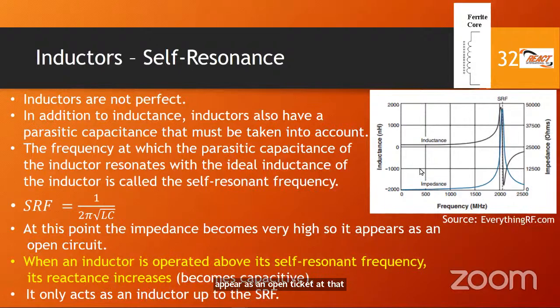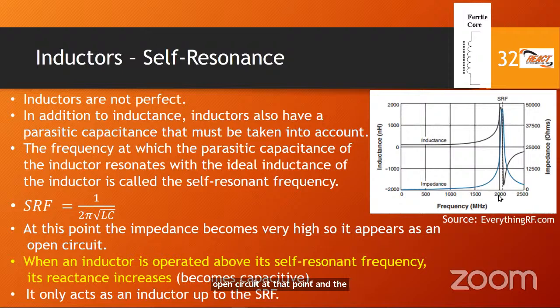The graph shows the inductor operating pretty flat at 500 megahertz, 1000 megahertz, 1.5 gigahertz. But notice that at about 2 gigahertz or so, all of a sudden the inductance goes up, and the impedance is going up as well. That is due to the parasitic capacitance. We essentially have an open circuit at that point, and the inductor will not perform at that frequency.